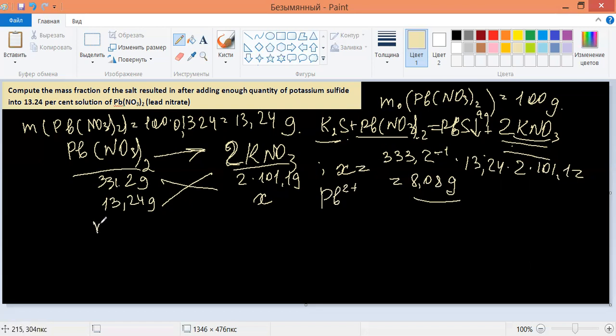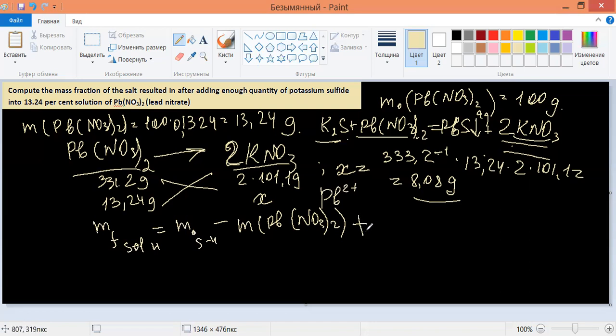That means that the final mass of the solution is the initial mass of the solution, and we should subtract the mass of the lead nitrate, because it's gone due to this reaction. It's gone 100%. However, we should also take into consideration the fact that the mass of that salt stays in the system.